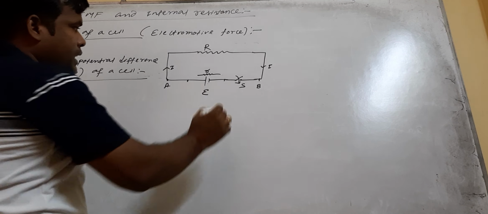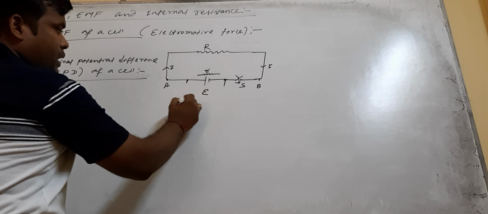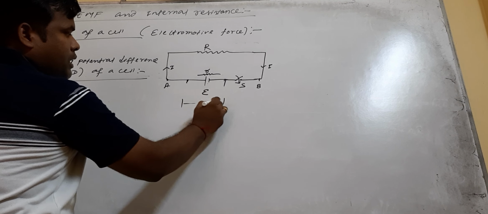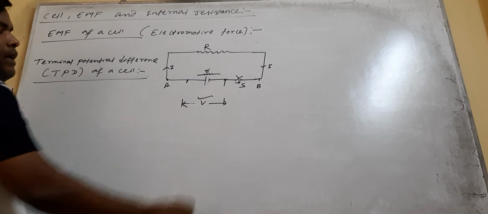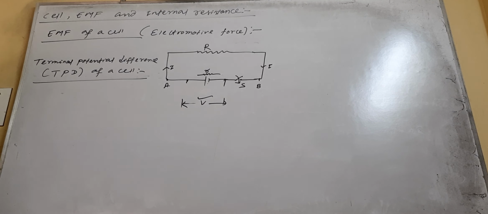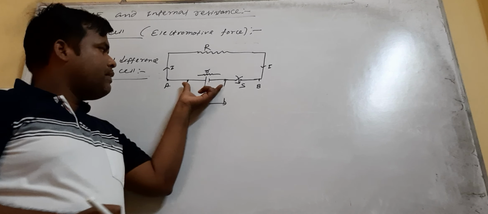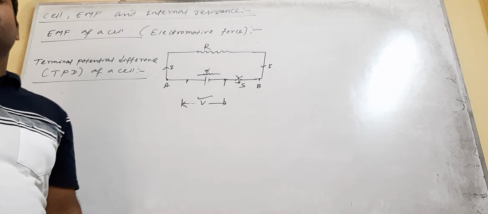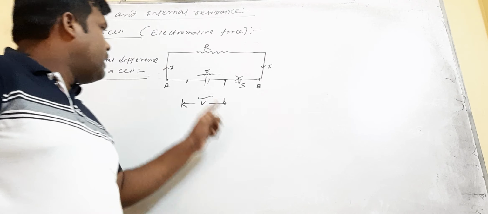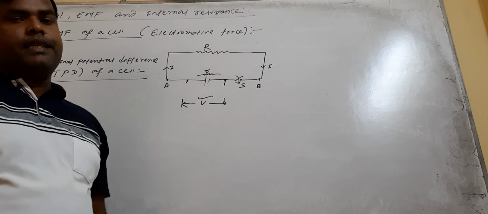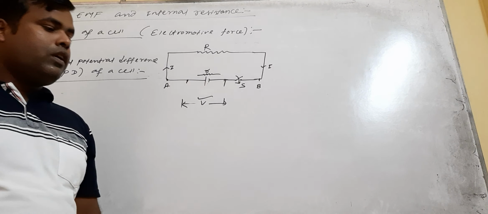When the circuit is closed, then you take the potential difference across the two terminals, then you will get the terminal potential difference. It is the potential difference between the two terminals of a cell when current is drawn from it or when the circuit is closed.